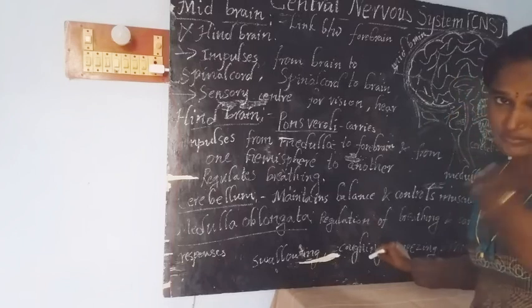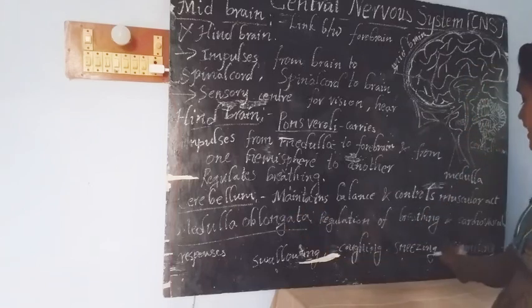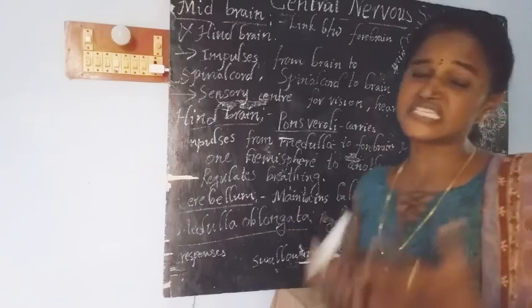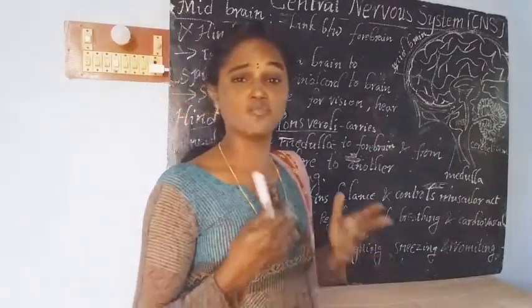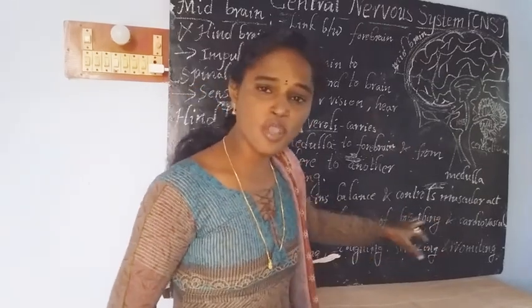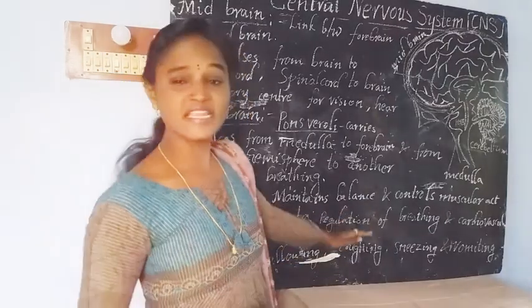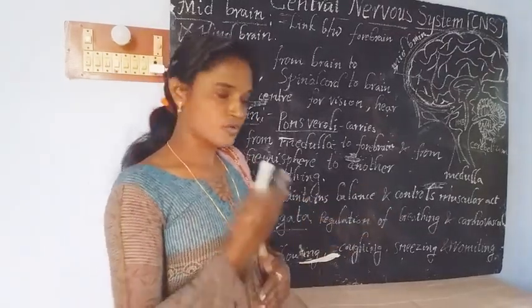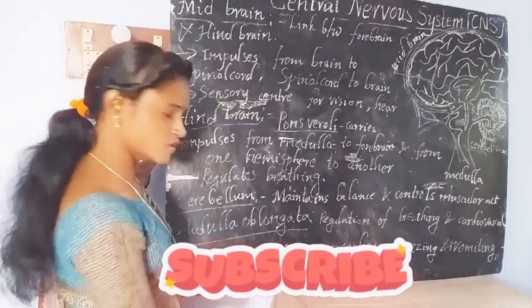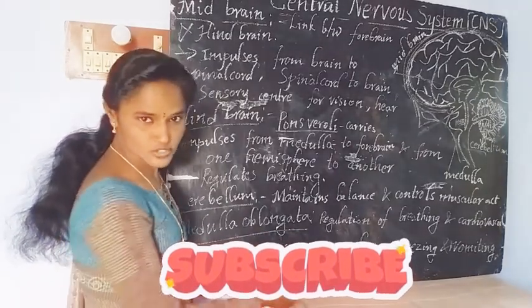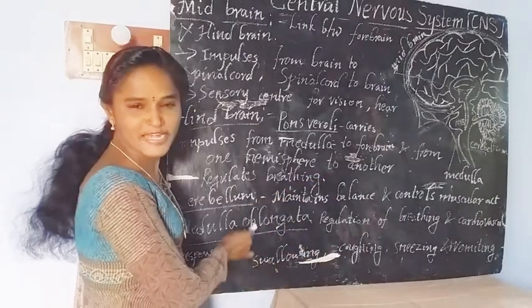Coughing is also under its control. Sneezing is also under its control. Vomiting is also under its control. So the medulla oblongata regulates breathing and cardiovascular responses, and acts as the active center for swallowing, coughing, sneezing and vomiting. These are the main functions of the medulla oblongata.